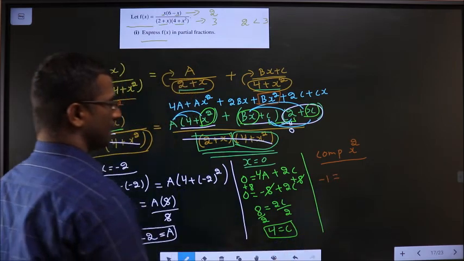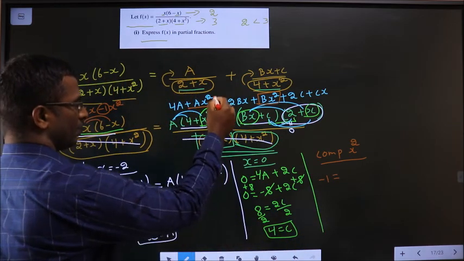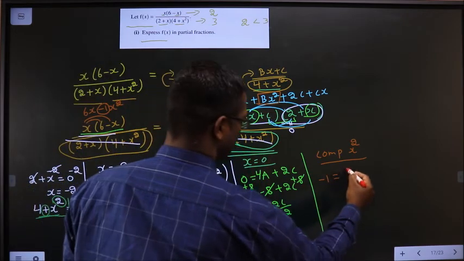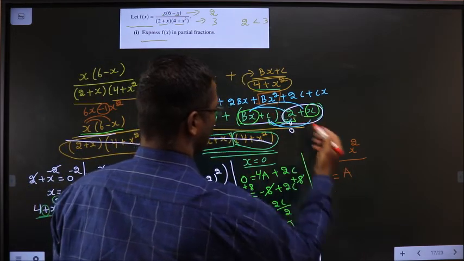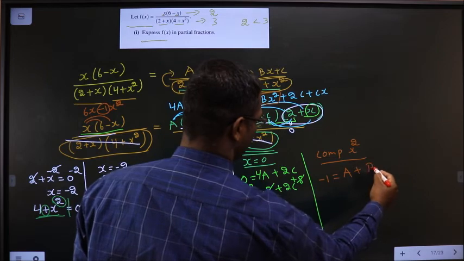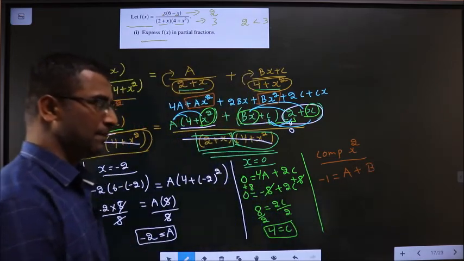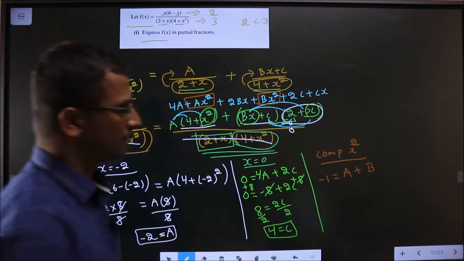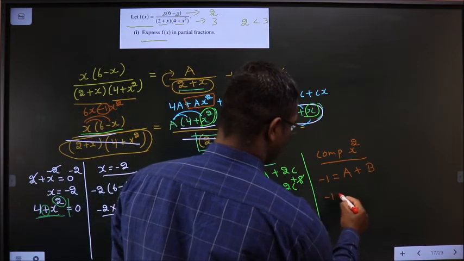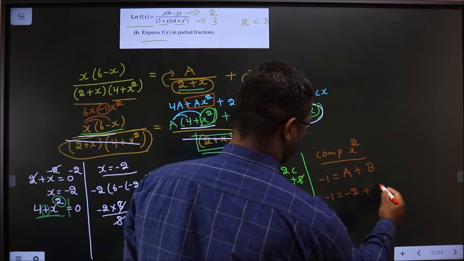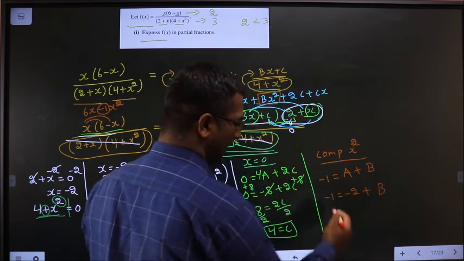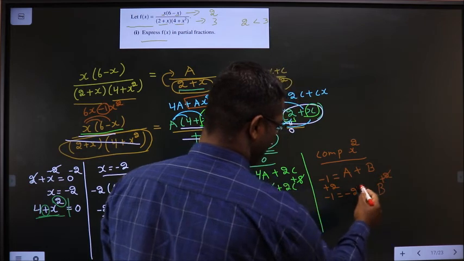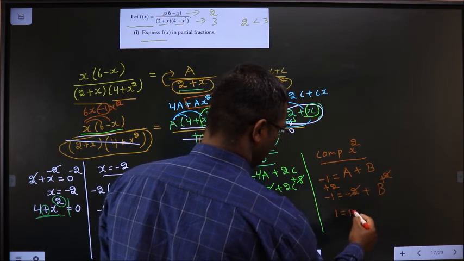And on the other side, here I have x square and also here. So here the coefficient is a and over here it is b. So it is a plus b. Now a equal to minus 2, replace in that. So what do I get? Minus 1 equal to minus 2 plus b. Now add 2 on both sides such that this cancels out. Here 1 equal to b.